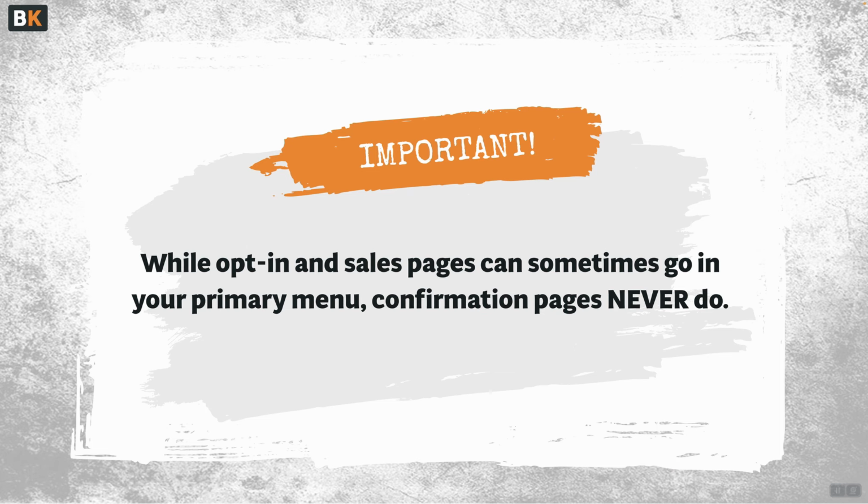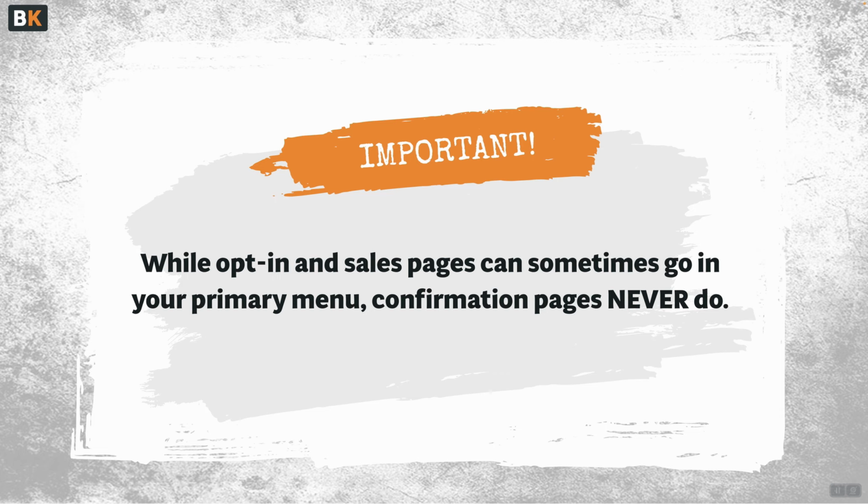Quick note, while opt-in and sales pages can sometimes go in your primary menu, confirmation pages never do, okay? Obviously, confirmation pages should only be seen by people after a conversion has happened. So you want to make sure that they are not linked anywhere other than in the process wherever that link should go after the conversion has happened.